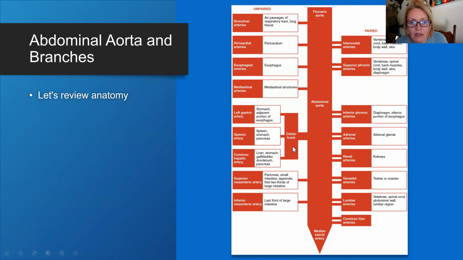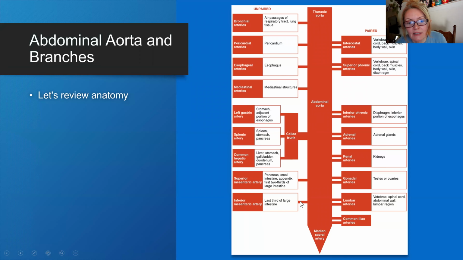Here's the celiac trunk, left gastric, splenic, common hepatic, inferior phrenic artery, adrenal arteries, or suprarenal, renal arteries, gonadal arteries. It has several branches of lumbar arteries, and we have superior and inferior mesenteric arteries.